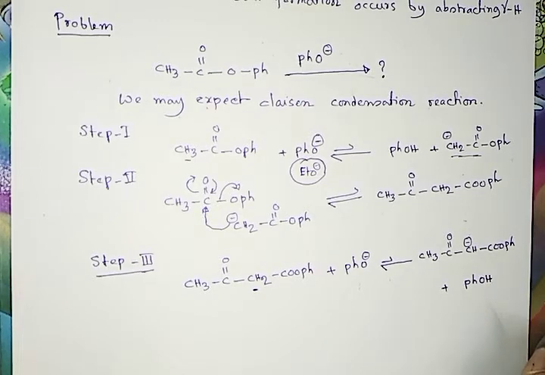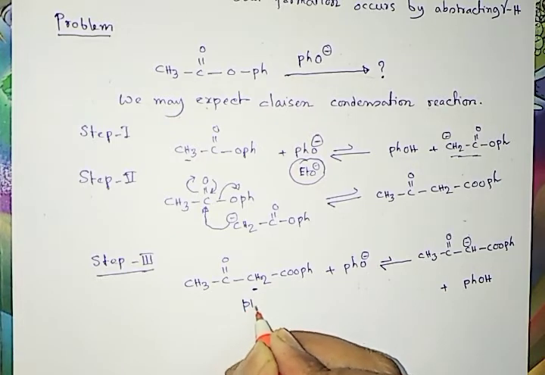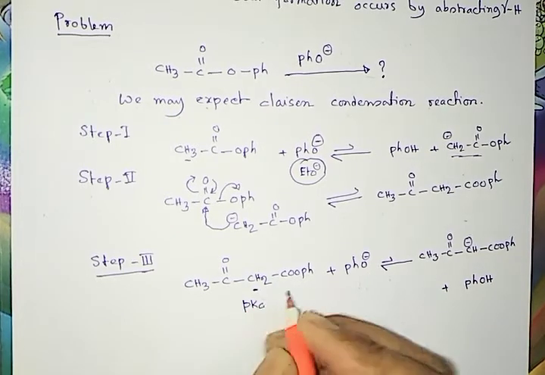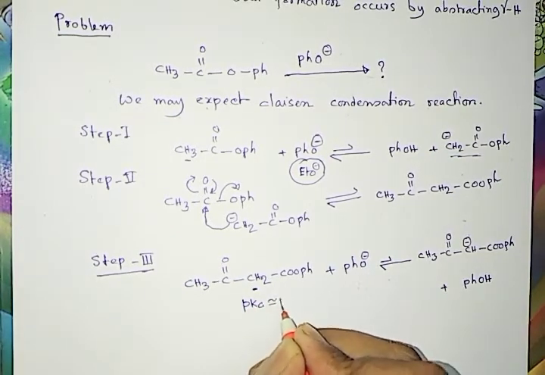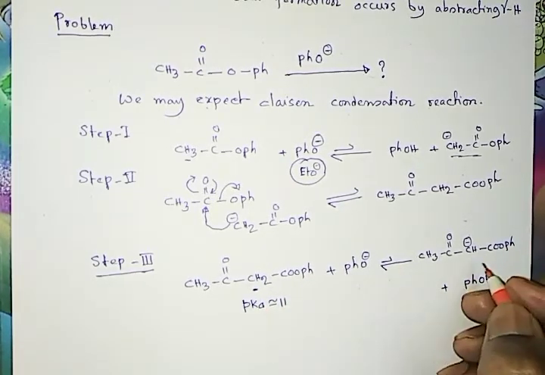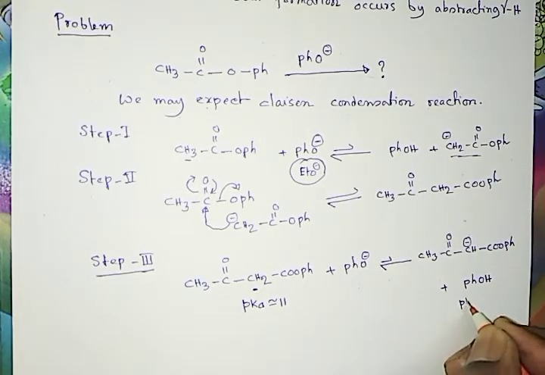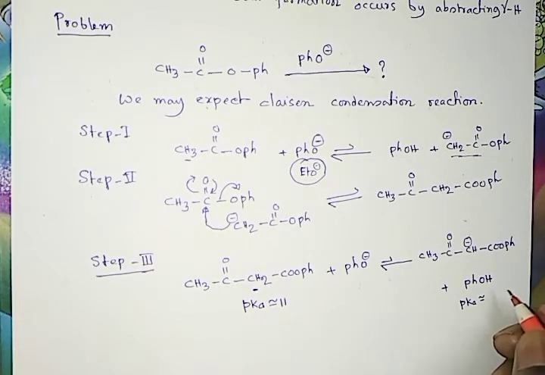Okay, now we have to analyze the pKa values. See, the pKa of this proton is about 11. The pKa of phenol is 9.95.